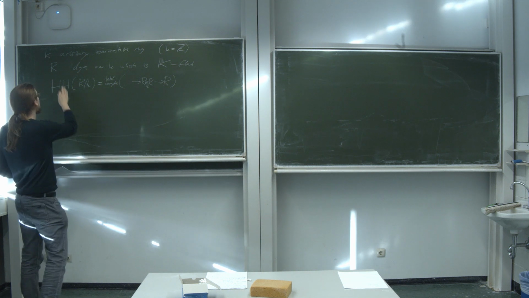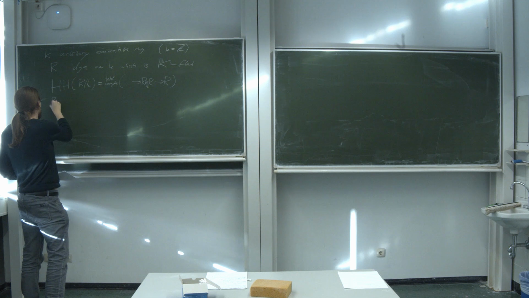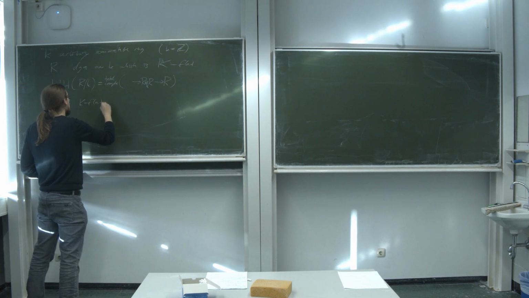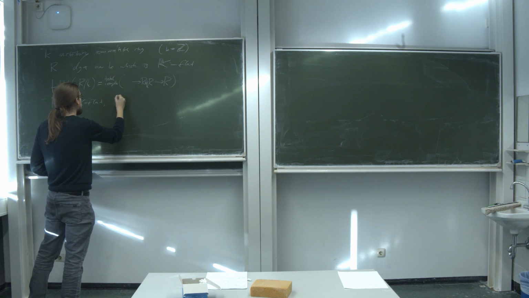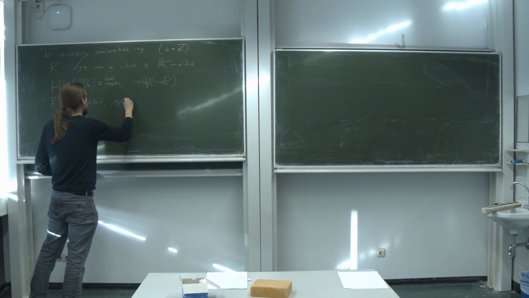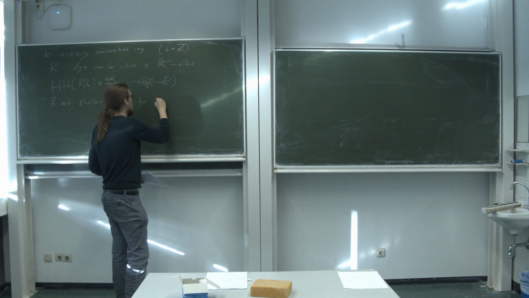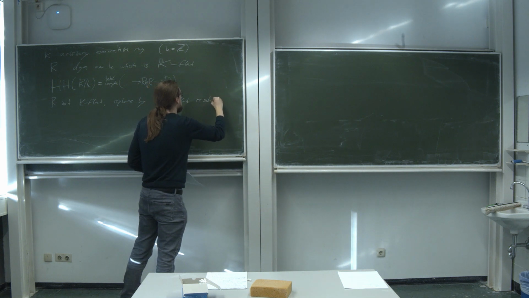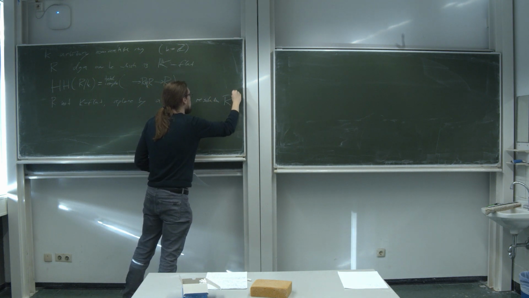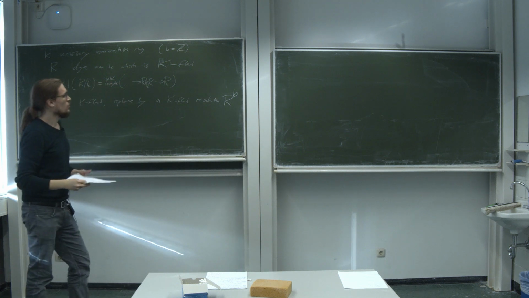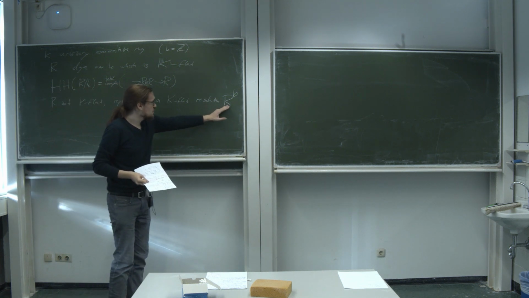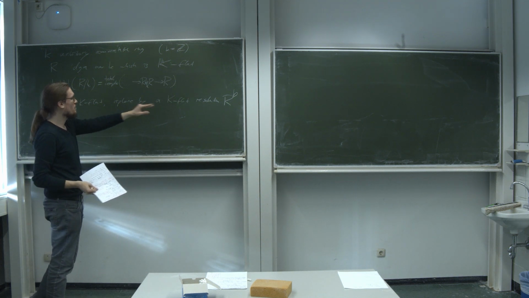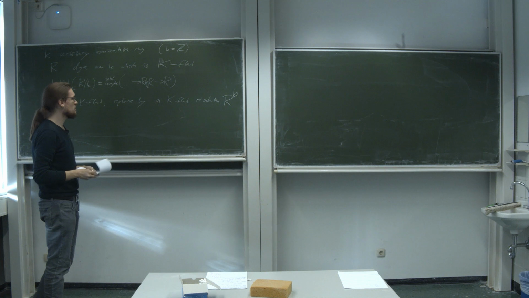So if R is not K-flat, we can replace R by a K-flat resolution R flat, which simply means that this is another DGA which does satisfy this K-flatness condition and comes with a map to R, which is a quasi-isomorphism.